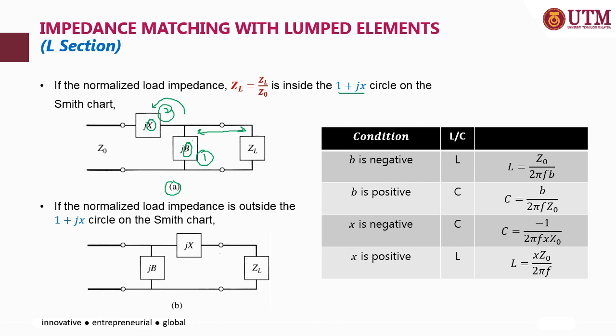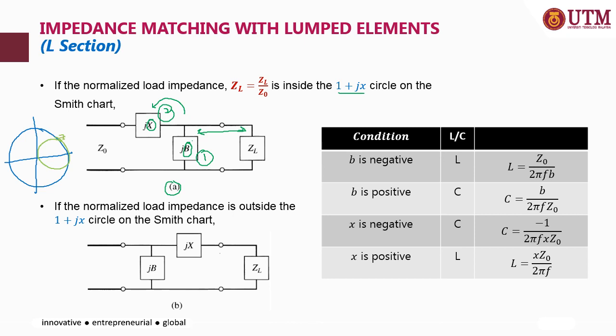Since we are using the Z chart, you need to rotate the impedance chart to indicate the admittance, right? So this is the reflection of the Smith chart. You have the 1 plus jx for admittance here.